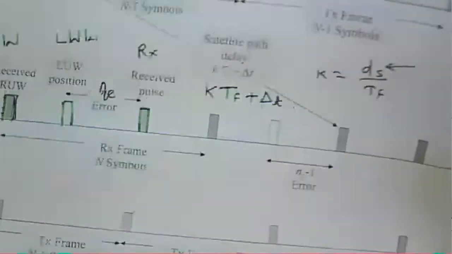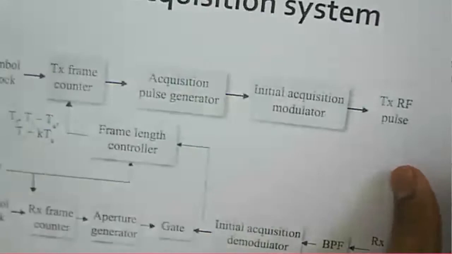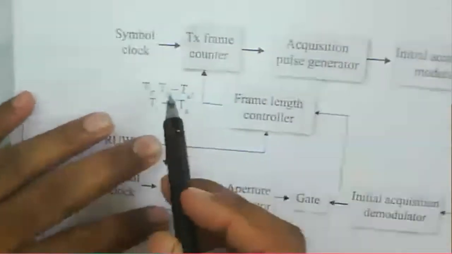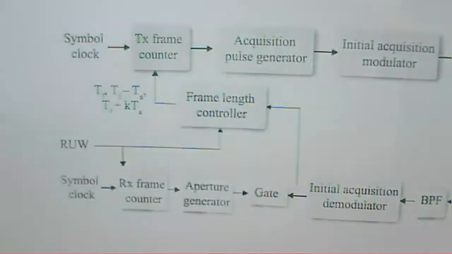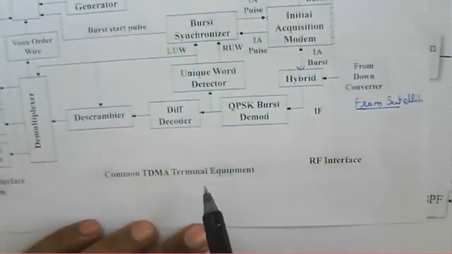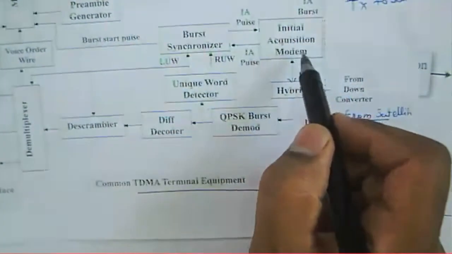So now if you consider the initial acquisition system, here we have a TDMA terminal equipment, the initial acquisition system or initial acquisition modem.